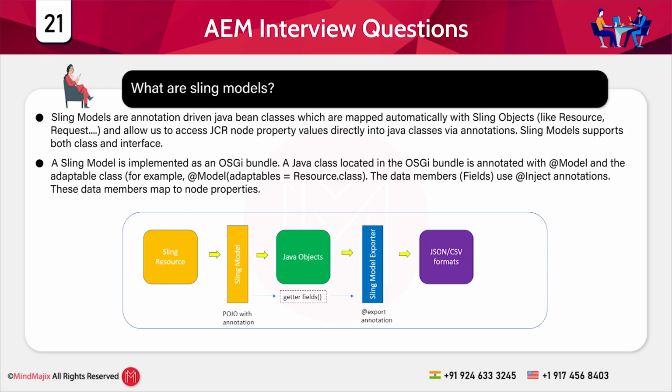If you are using page properties in your Sling Model, you specify SlingHttpServletRequest.class, and if you are using Sling resources, then Resource.class. You can also specify the adapters: if you are using an interface, you mention it in the adapters section.